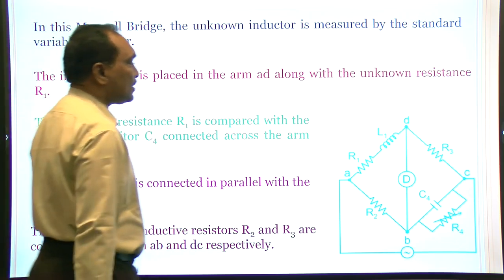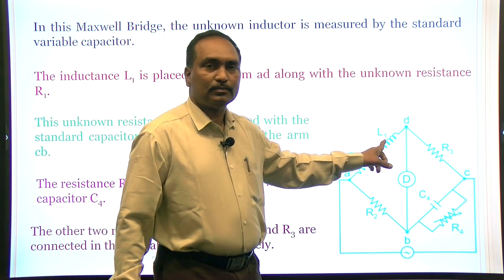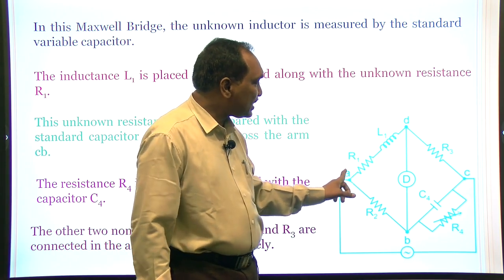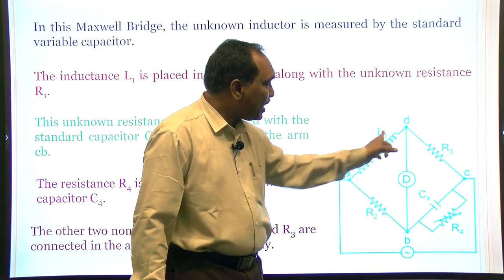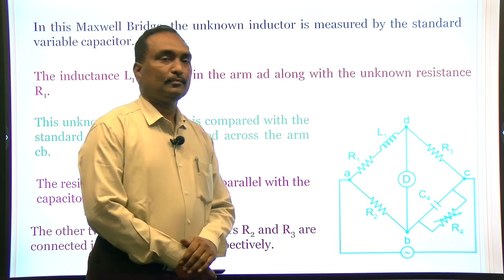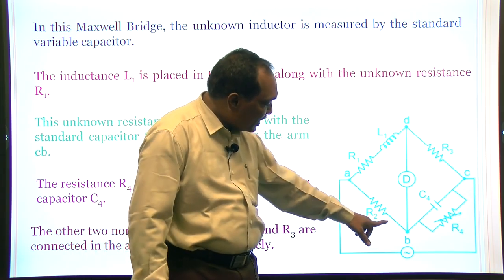In this construction, the unknown inductance L1 and resistance R1 are connected in series between points A and D, and resistance R2 is in the arm AB.